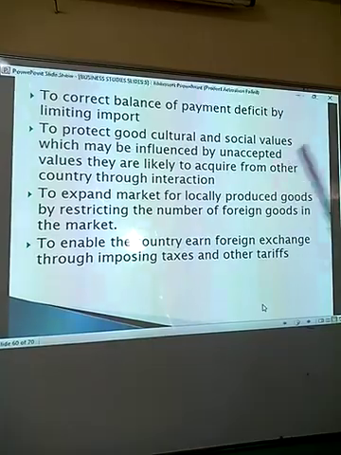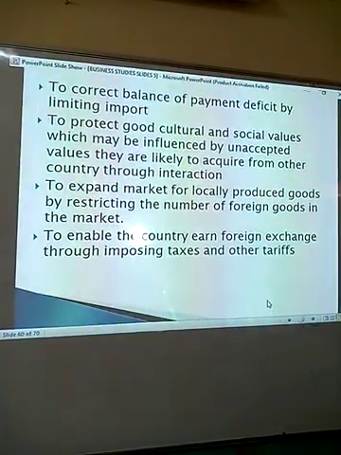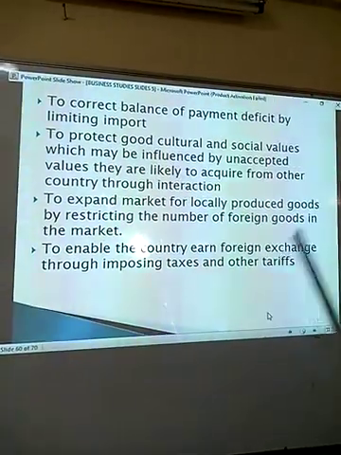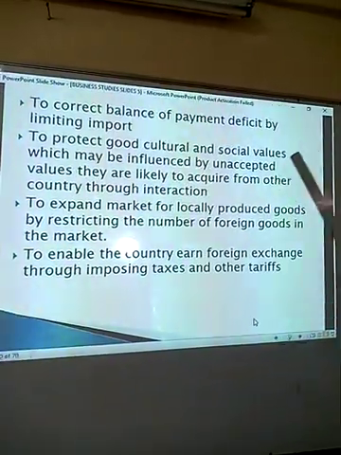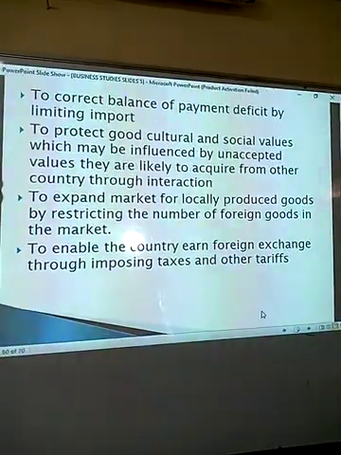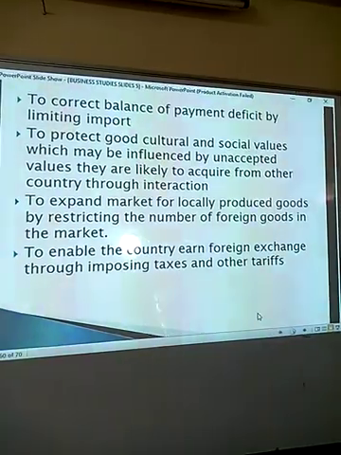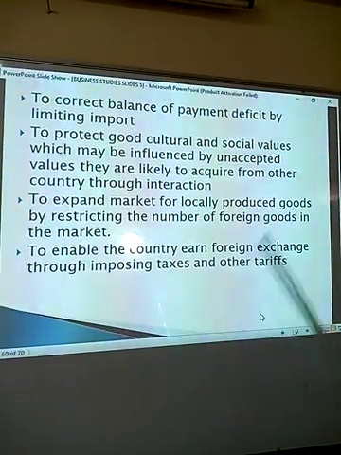A country must protect its social values. There are things that a country believes in, that when you open your borders for trade with other countries, you may end up compromising your culture, and therefore these must be protected.